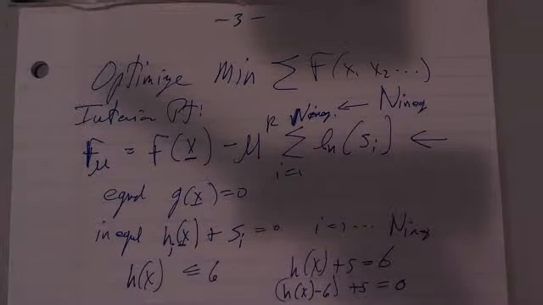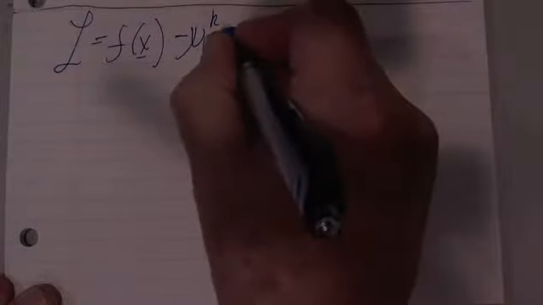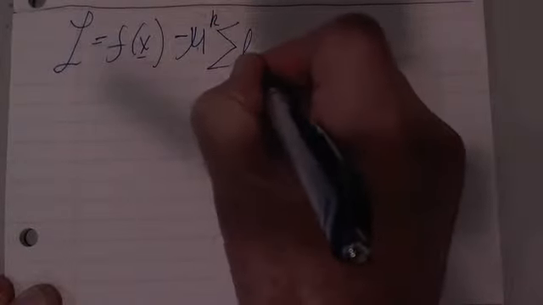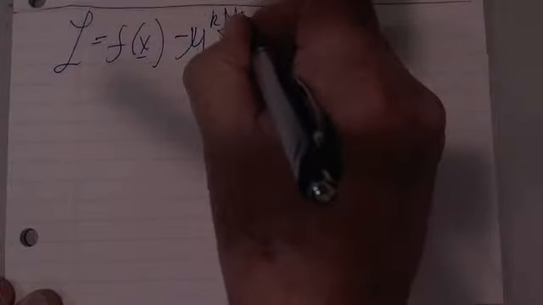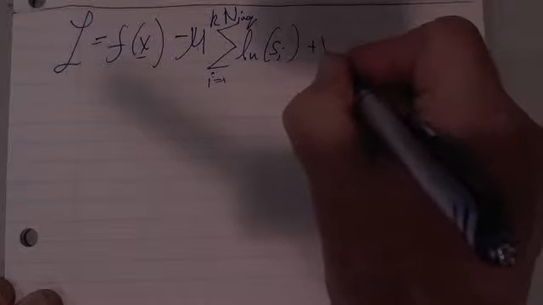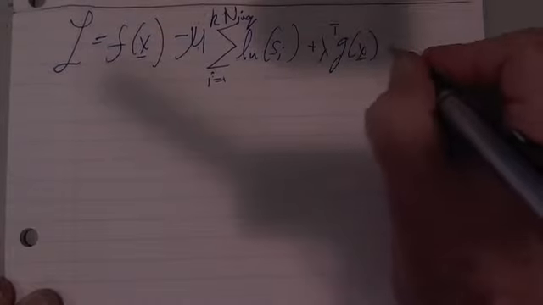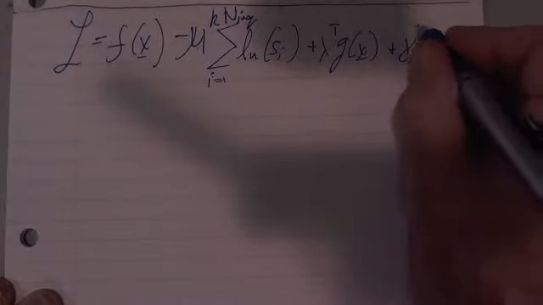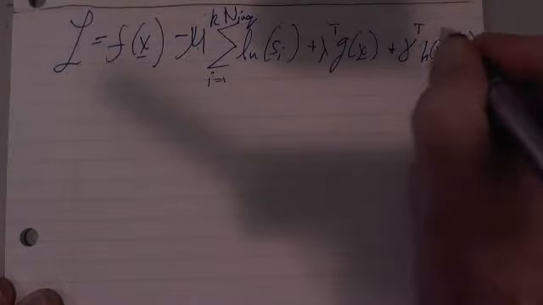We've got techniques to handle them. So now we form a Lagrangian, and we say it's f of x, this is a vector, minus mu k natural log of s_i, i equals 1 to n_ineq, plus lambda transpose g of x, plus, and I'm going to put a gamma transpose times h of x plus s.